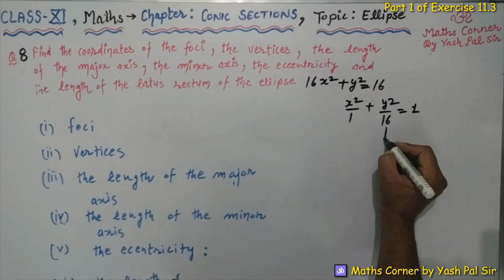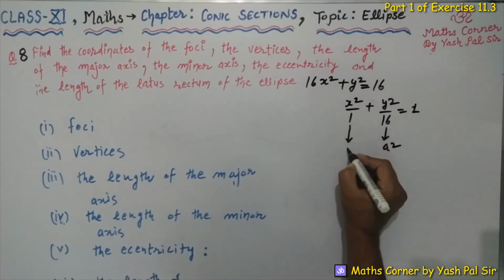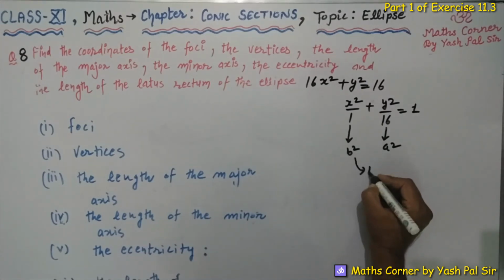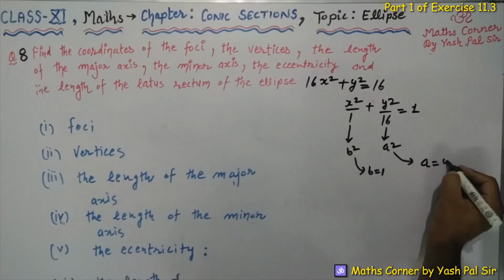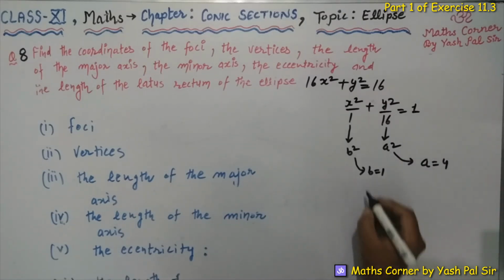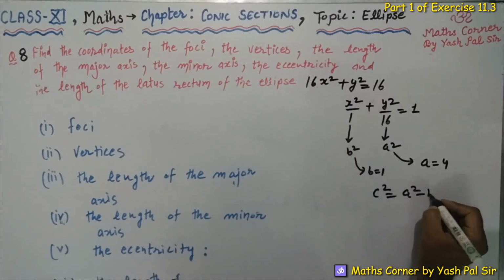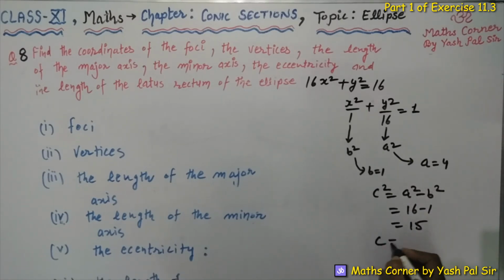That means the greater one is a square and this is the b square. So from here we can say b is 1 and a is 4. So we have the value of c square is equal to a square minus b square, 16 minus 1 equal to 15. So c is equal to square root of 15.